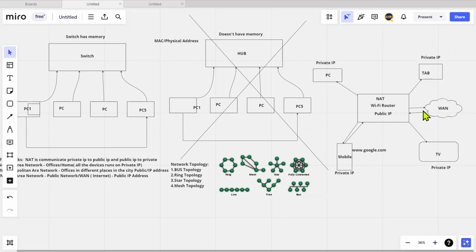The response on the public IP address is converted to the private IP address. So conversion happens private to public, public to private. This is called NATing.